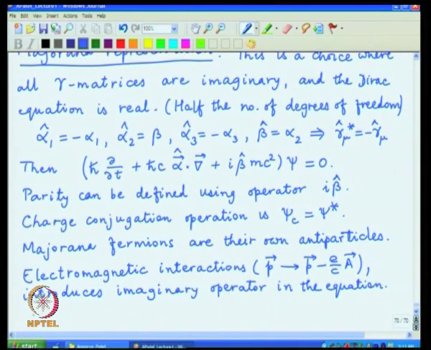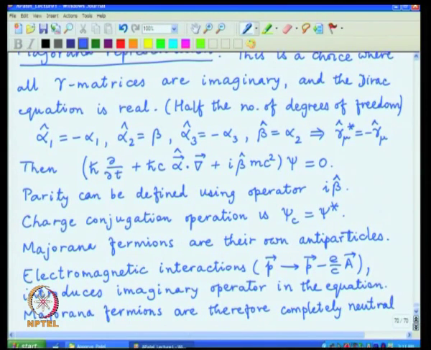So, Majorana fermions are therefore completely neutral.